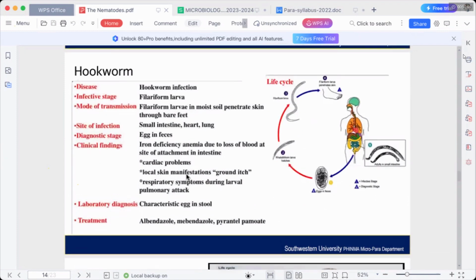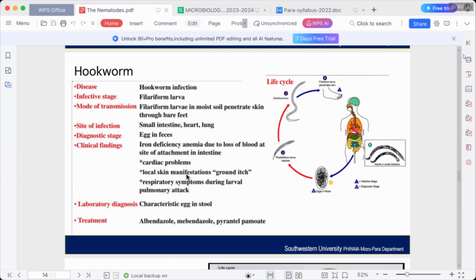Hookworm infection is the disease, and the infective stage, compared to the other two, is the filariform larva. The mode of transmission is ingestion and penetration under the skin, in your hands or feet. This is why you are not allowed to go out without your slippers or shoes.